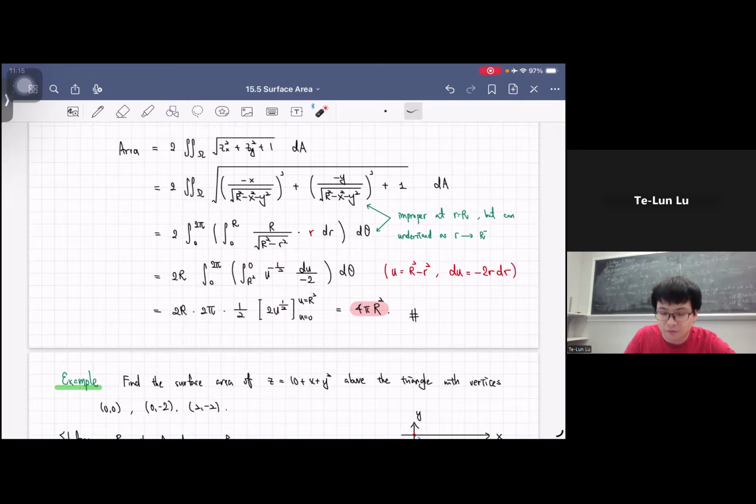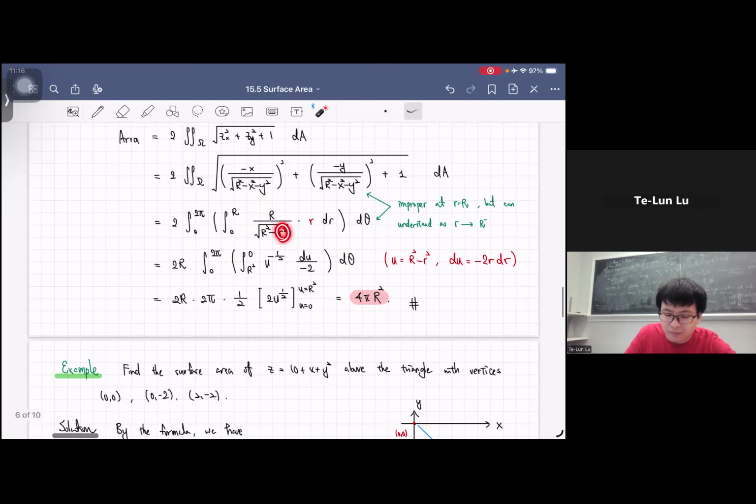So just want you guys to be careful. This is actually an improper integral. The point of improper is at when r is R, because the denominator will be 0, right? But it is actually fine because you have a nice singularity near this r equals to R, due to the fact that you can actually treat this guy, say t, and we push t towards R from below at the end of the day, and you will still get 4 pi R squared.